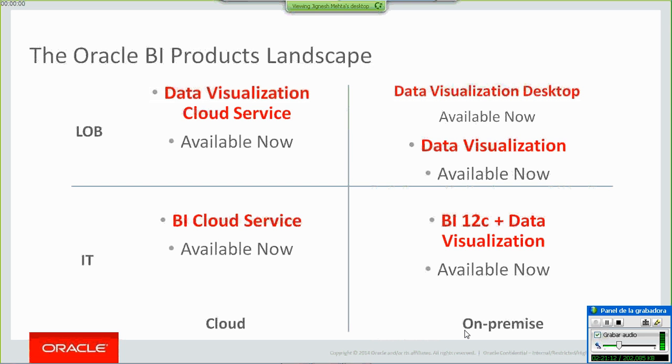So for those kinds of LOB-driven requirements, you should definitely talk about data visualization, which is available on the cloud as well as on-premise. So the customer or user is not going to be stuck on where they will be using it, or if they have any concerns about cloud versus on-premise, we should be able to support that, right?